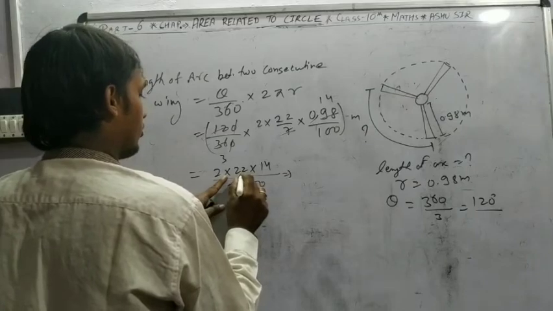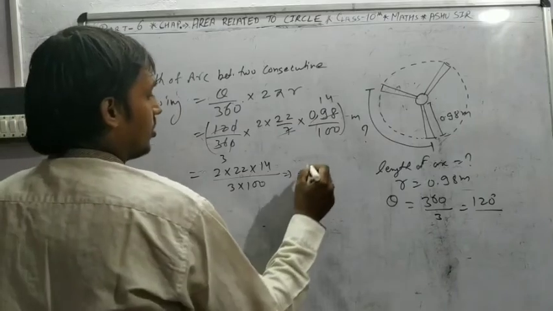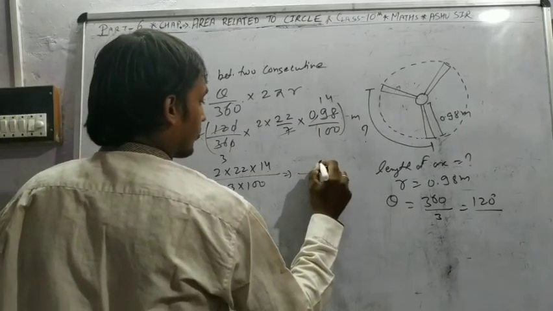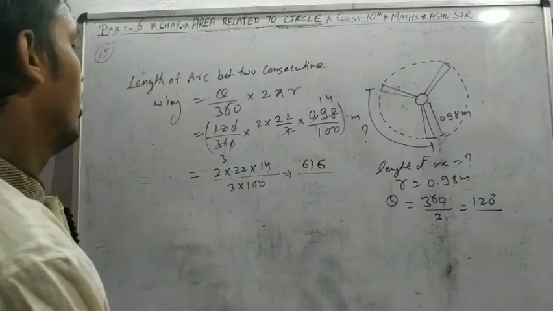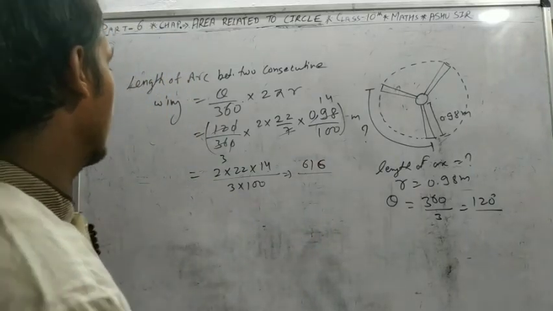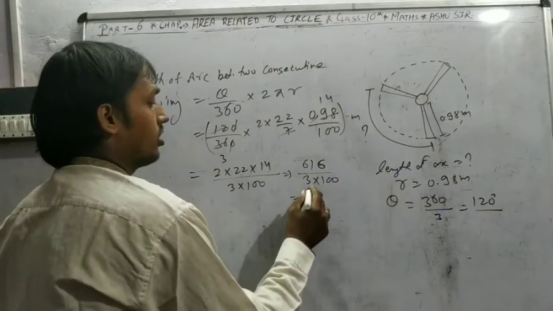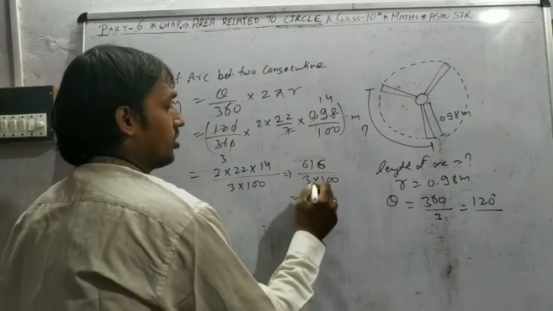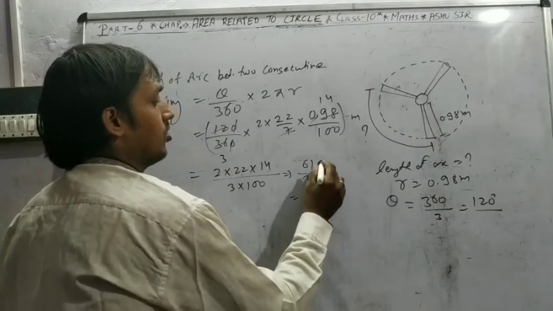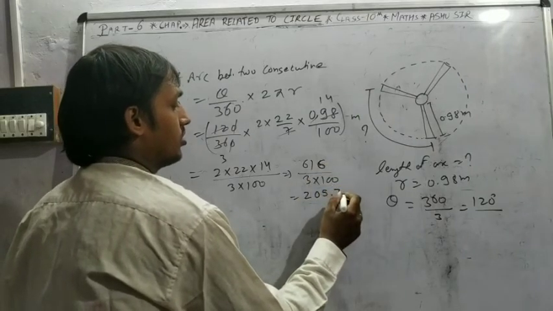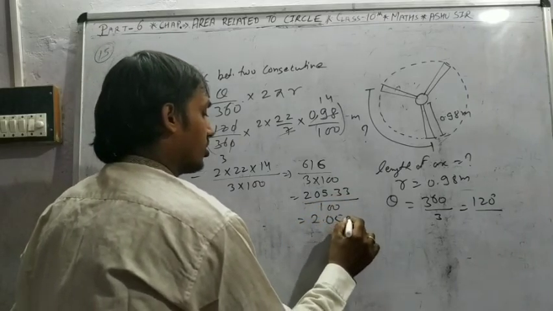44 into 14, 14 4s are 56, 61, 6 upon 3 into 100. You only divide by 3, 3 to the 6, 0, 3 5s are 15, 1 3 3 9 upon 100, 2.0533.